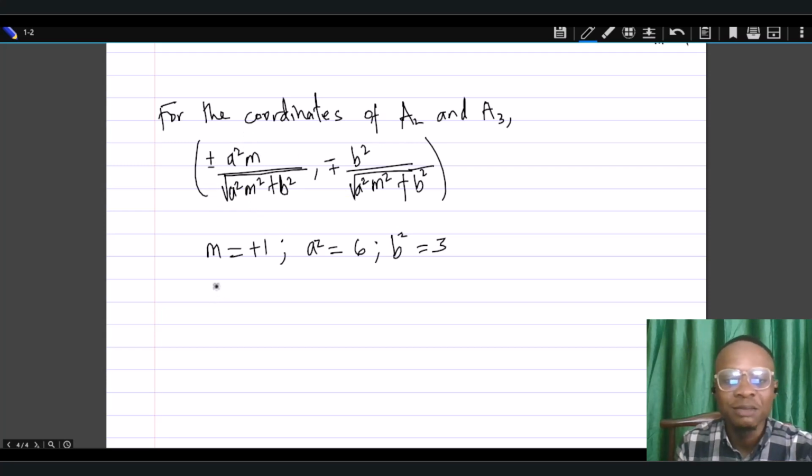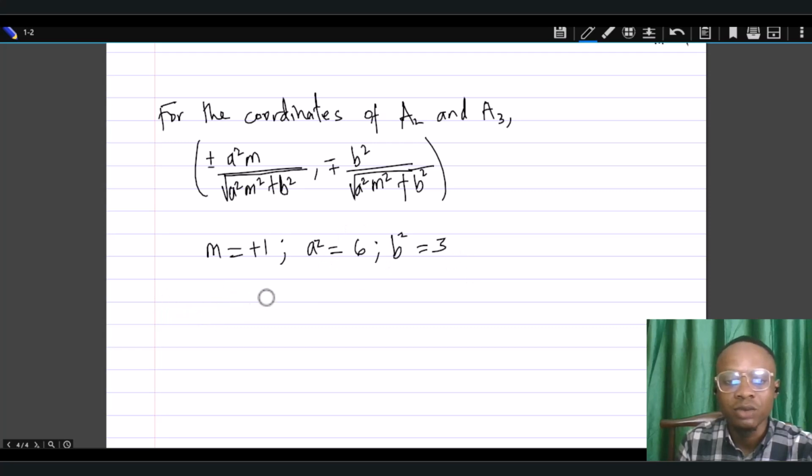So for the x component, we'll have a squared, which is 6, multiplying m. So let's pick m equal to 1. So this will be 6 multiplying 1. Then we'll have the root of a squared m squared plus b squared. We need that on both sides, so let's just calculate that separately.